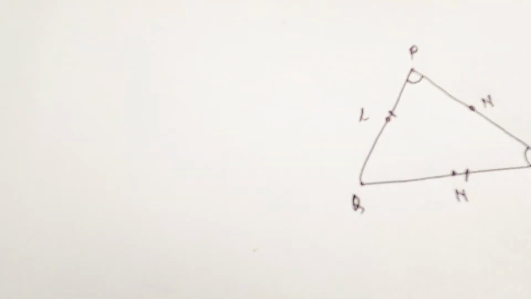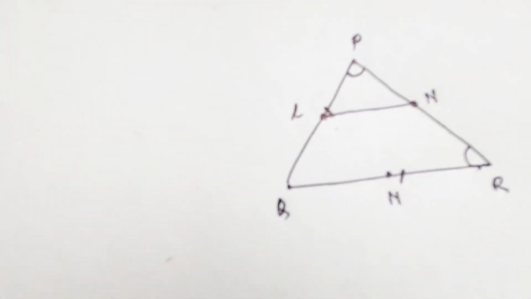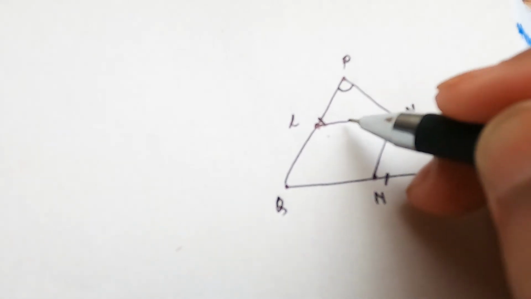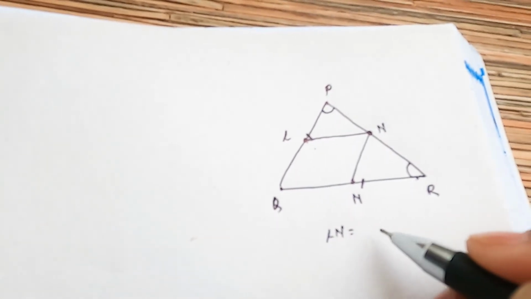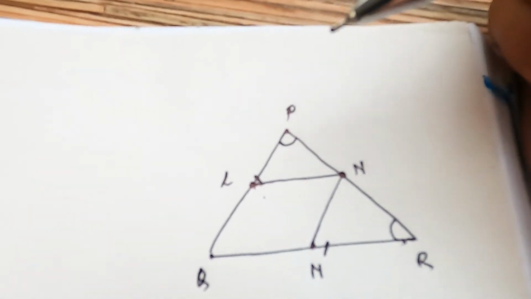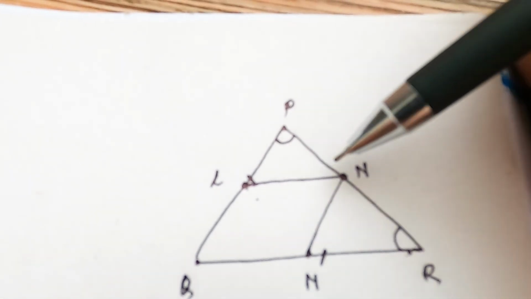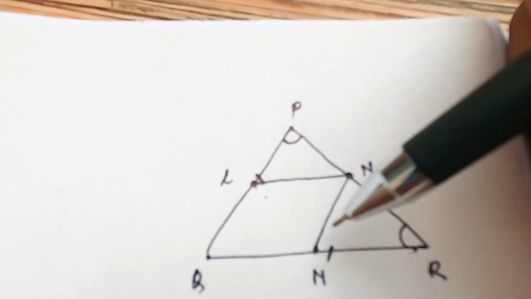So we have to prove that line LN is equal to MN. Let us prove line LN is equal to line NM.